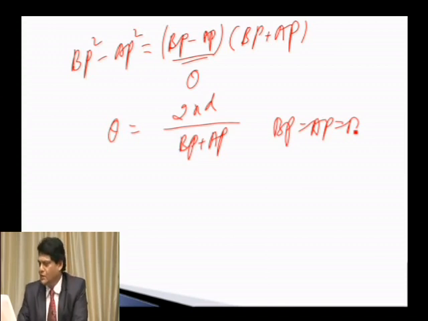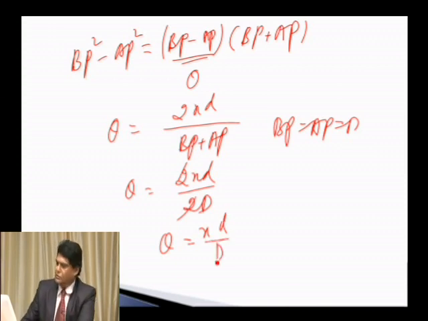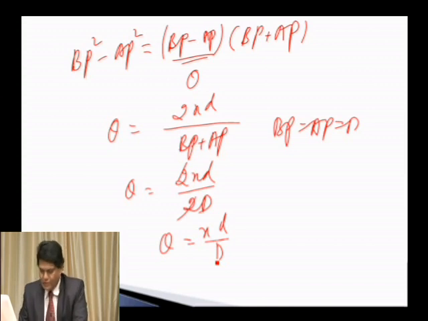In that case theta is equal to 2x d divided by 2 into capital D. Here the 2 goes, and you are left with theta is equal to x d divided by D. So this is the phase difference which we theoretically obtained.